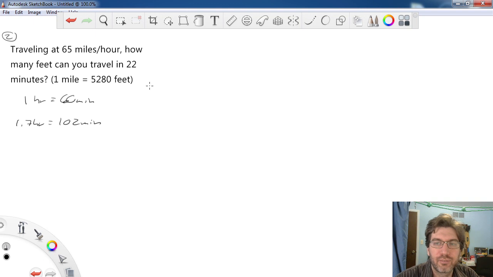Because this one does kind of have a different step to it. It's worded a bit different here. So you'll have to use some ratio stuff to solve this one in the end too.